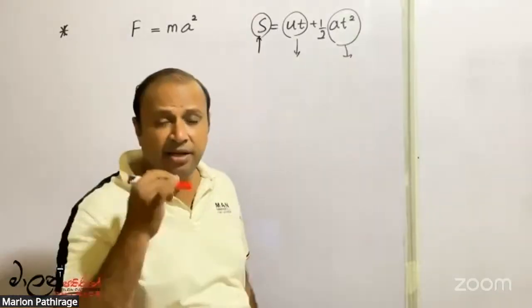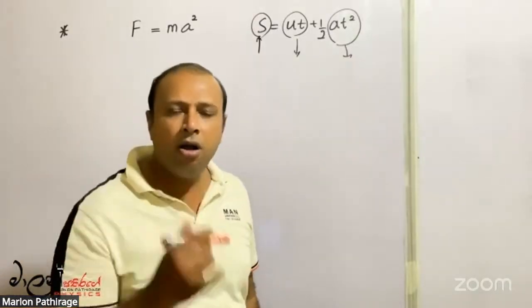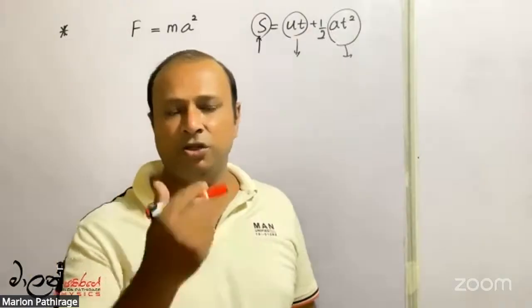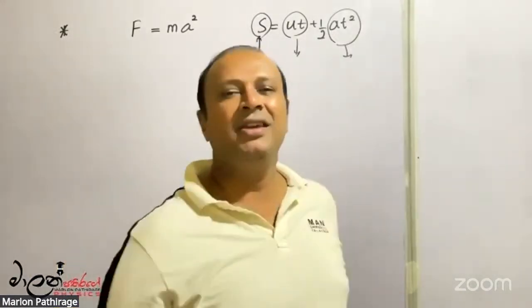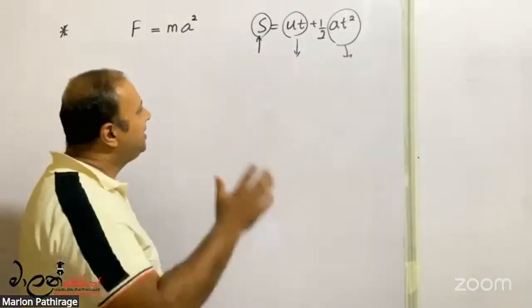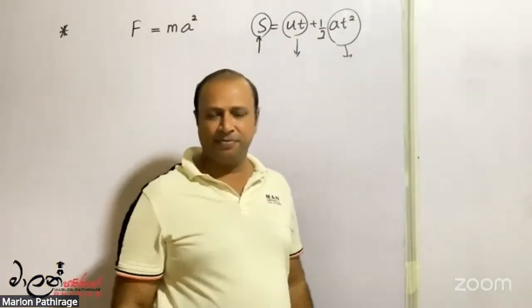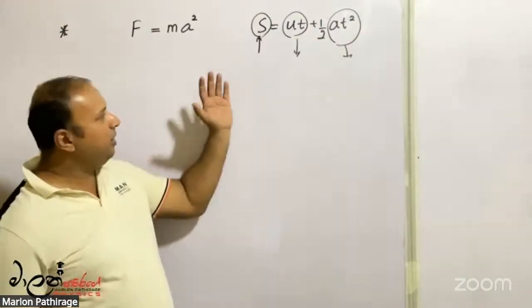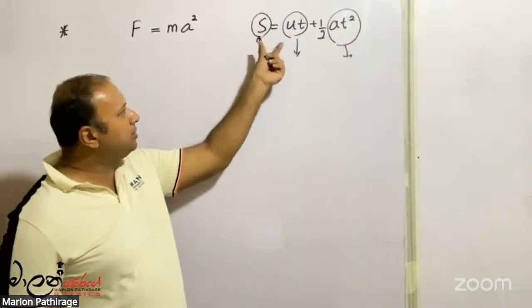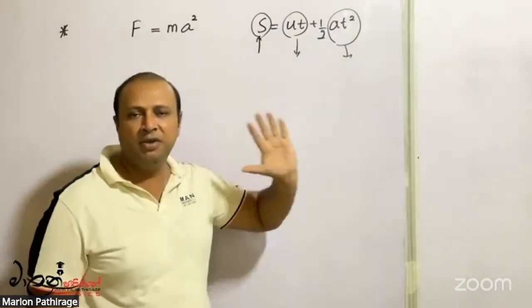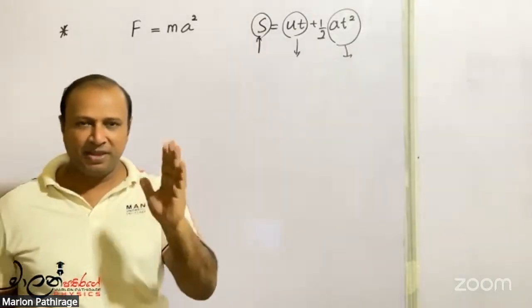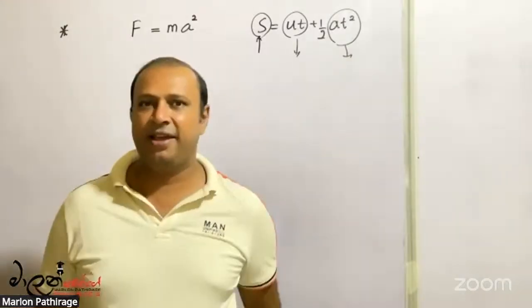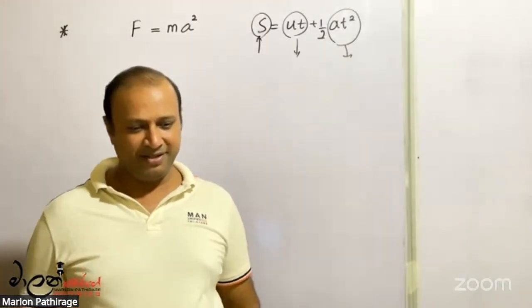If it is a correct equation, all the terms in that equation should have the same dimension. Is that clear? If it is clear, please raise your hand.